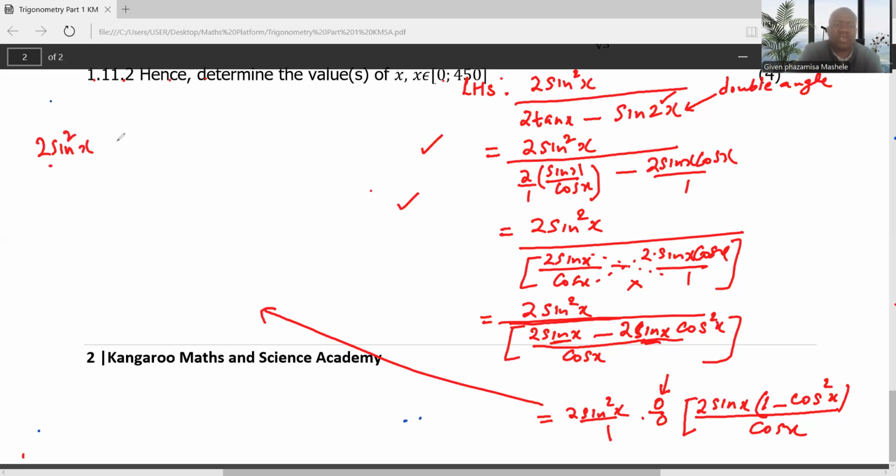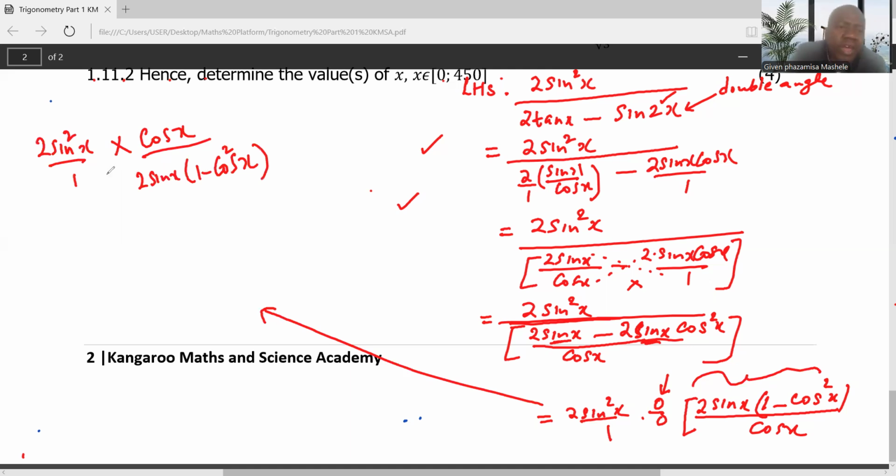Then we change division to multiplication, which means we transpose the other part to make the reciprocal. So this will be cos x over 2 sine x into 1 minus cos squared x.